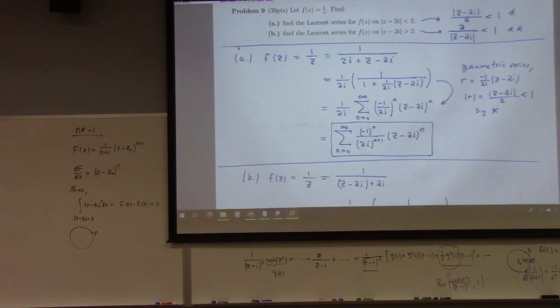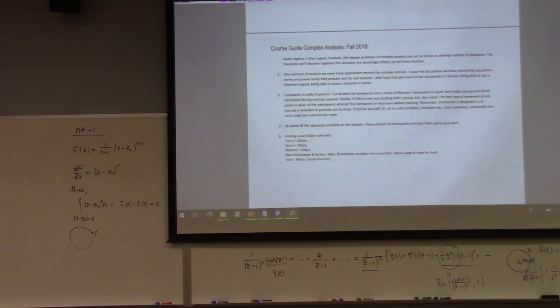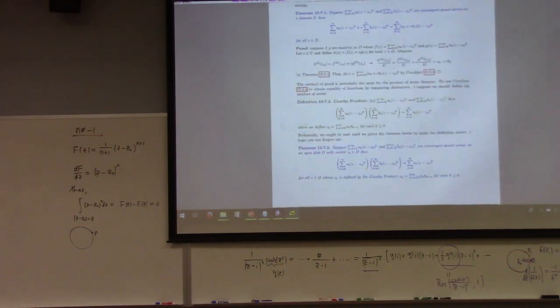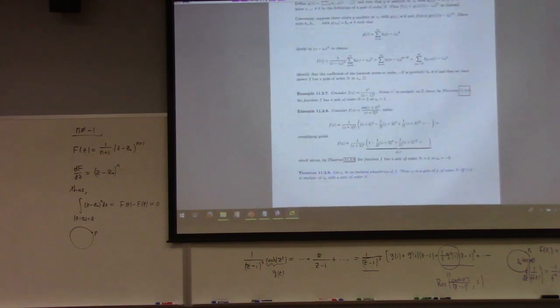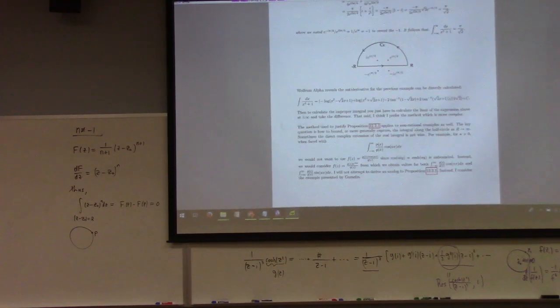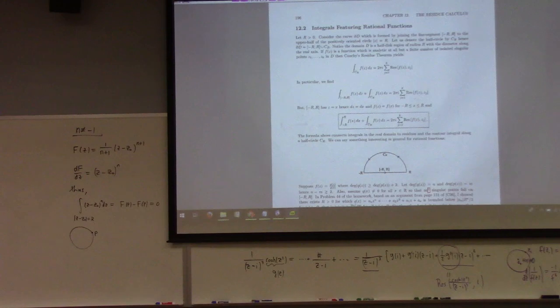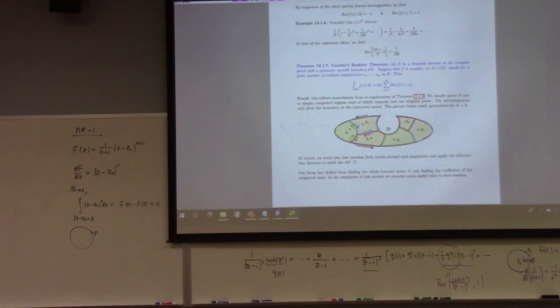What does the residue theorem say, is my question. So what's the Cauchy residue theorem say?